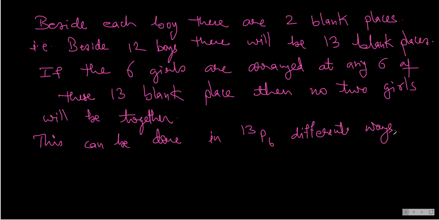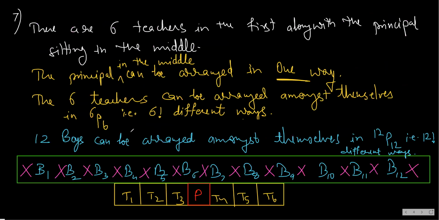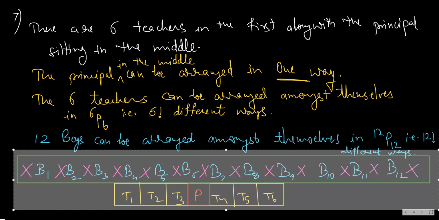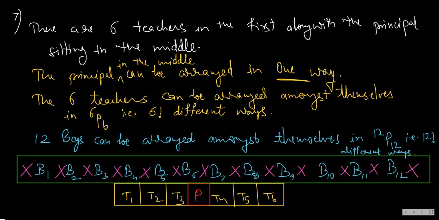Now the thing is, are we done? Can we now take a photograph? The answer is yes, it is all done. Why? Because we have arranged the principal, the teacher, the boys, the girls. So what will be the total number of arrangements?